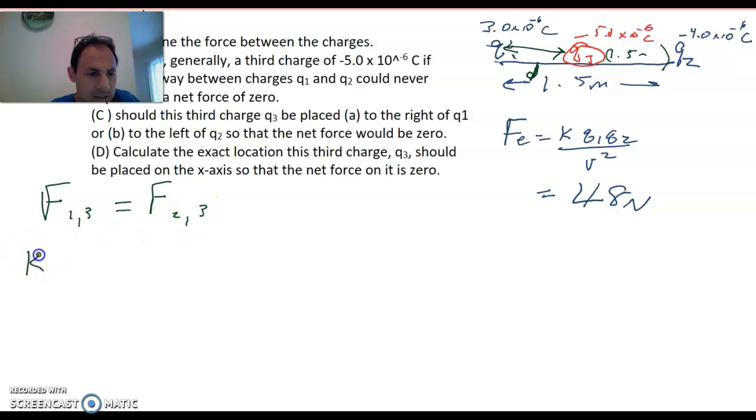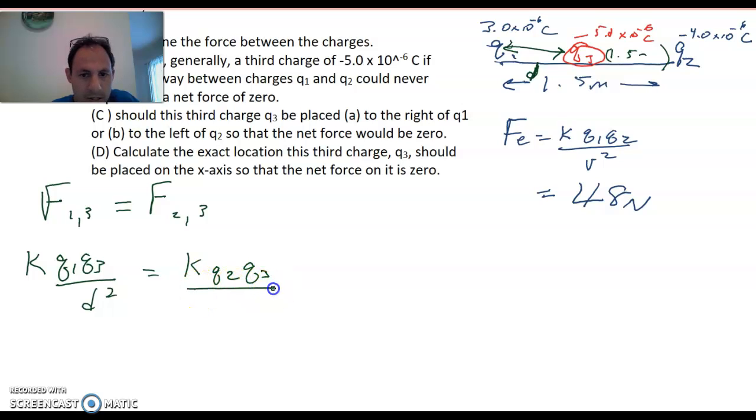In other words, K times Q1 times Q3 over D squared must be equal to K times Q2 times Q3 over 1.5 minus D squared.